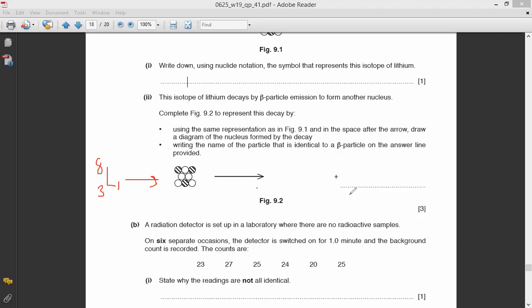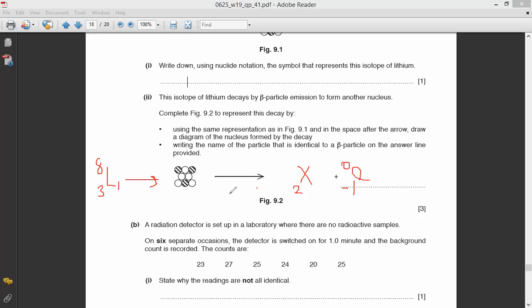But you may not understand the drawing until you have understood the decay process. So if this is 8, 3, that means we should be having something like this: 0, -1.